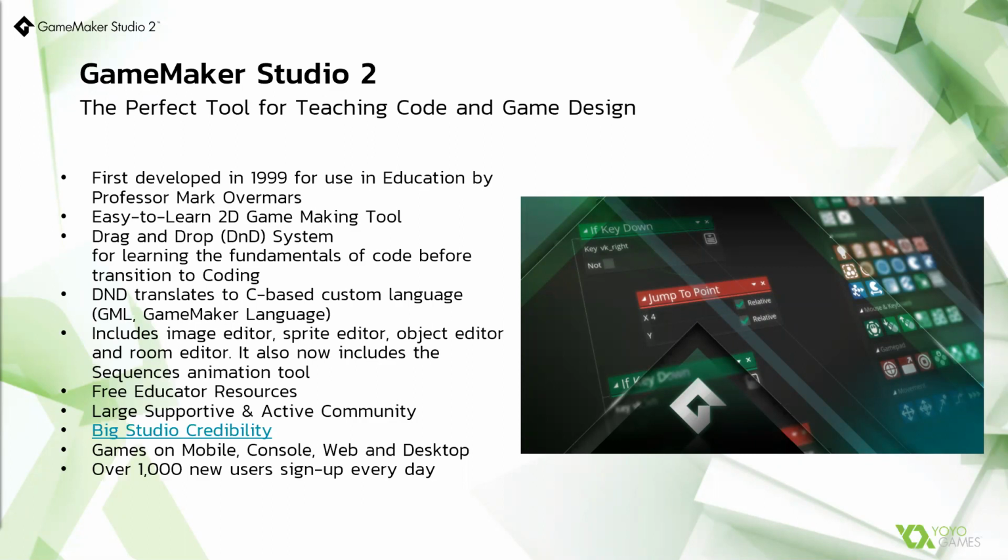It's a 2D game making tool, which makes it really easy to pick up, takes out a lot of complexity. We have a drag and drop system, which is great for teaching the fundamentals of coding before transitioning into the more technically complex elements of coding. Drag and drop translates to a C-based custom language, which is called GameMaker language.